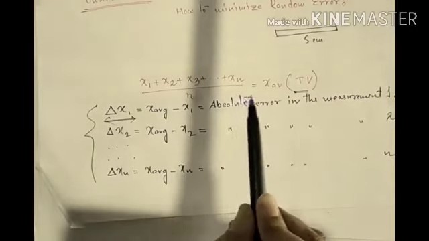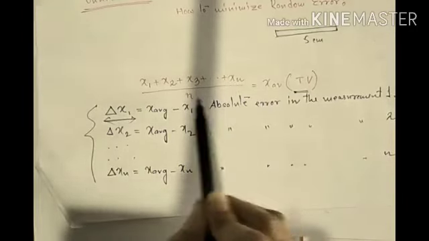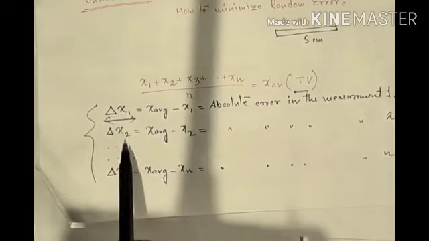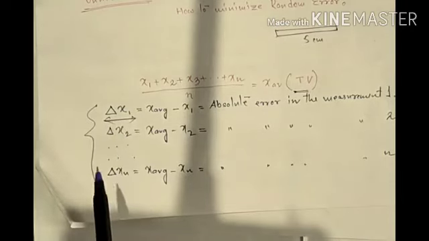Say instead of n, I have taken the measurement 5 times. Then I will have correspondingly 5 absolute errors: delta x1, delta x2, delta x3, delta x4, delta x5. Out of these 5 errors, which one is the best possible error?